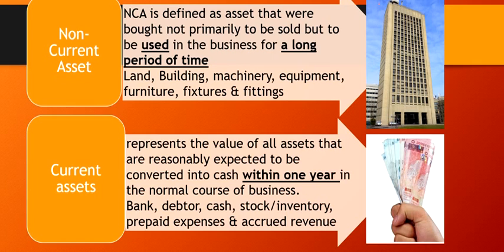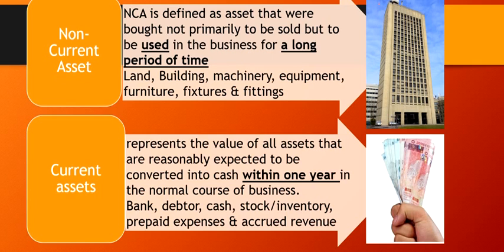Building tu macam shop lah. Okay, kalau kita buat butik tadi, so shop tu, building tu akan jadi classified into non-current asset. Machinery, sewing machine lah. Kita beli sewing machine untuk digunakan for the use of business.